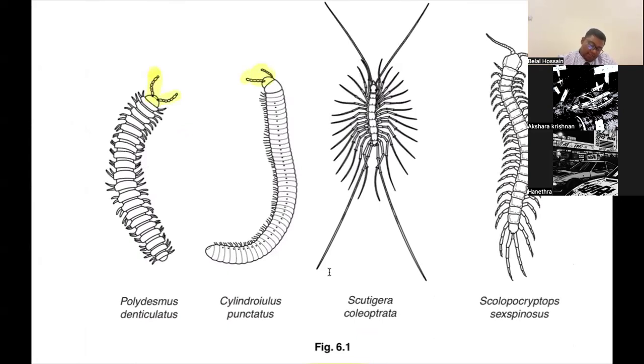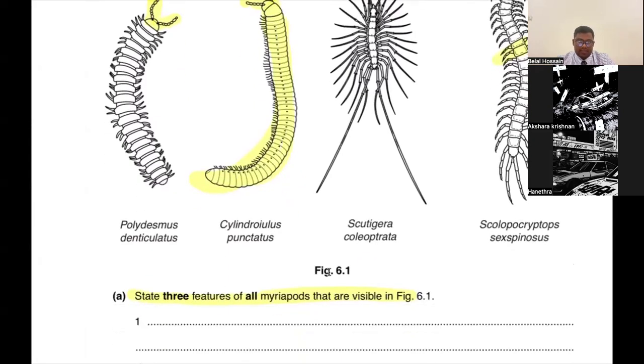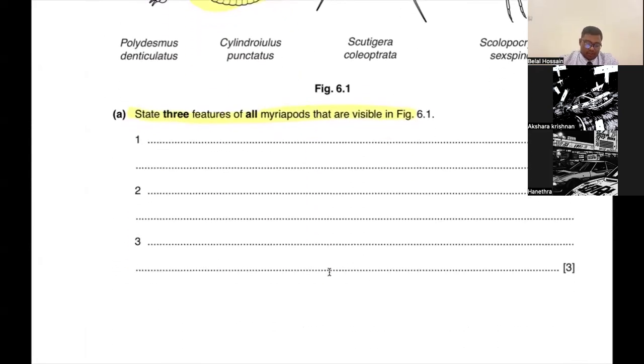See that? All of them have many segmented bodies. See that? All of them have many pairs of legs. Jointed legs, right? You need to tell those, okay? So antennae, and then segmented body, many segments, and then jointed legs.